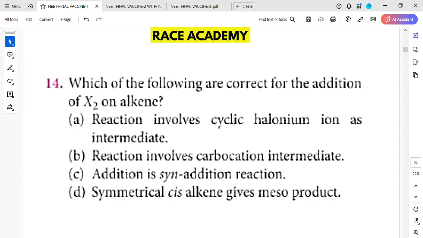If you take an alkene with a double bond and you add a halogen, usually X2, or chlorine, Cl2, where one end is plus and one is minus, this is what happens in electrophilic addition reactions.